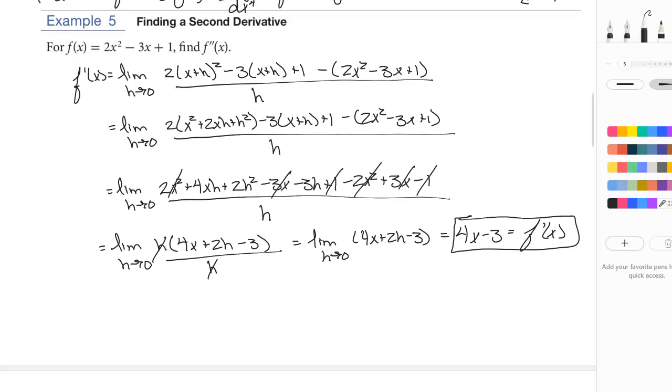And then now if we want to find the second derivative, we're going to take the derivative of the first derivative. So I'm going to take the limit as h goes to 0. Apply the difference quotient to this. This is 4 times x plus h minus 3. And we're going to subtract the original function all over h. Let's distribute.